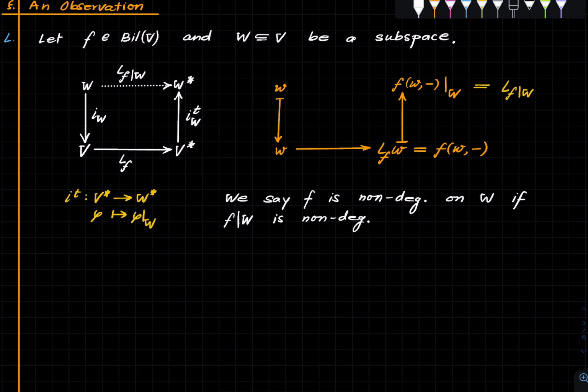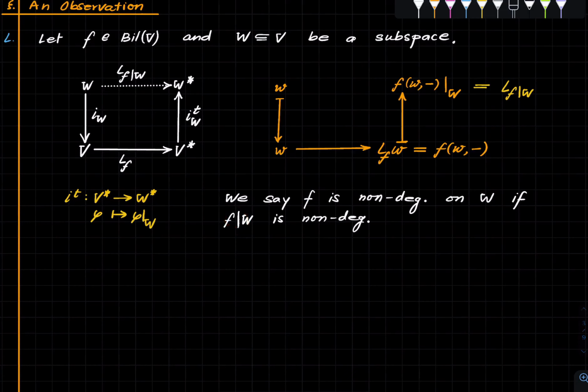So we have extended our scope of non-degeneracy. Recall, we defined the non-degeneracy of a given bilinear form, period. But now if you're in addition given a subspace, you may say that the given bilinear form is non-degenerate on that subspace if the restricted bilinear form is non-degenerate.